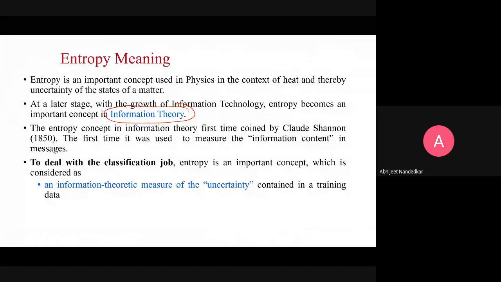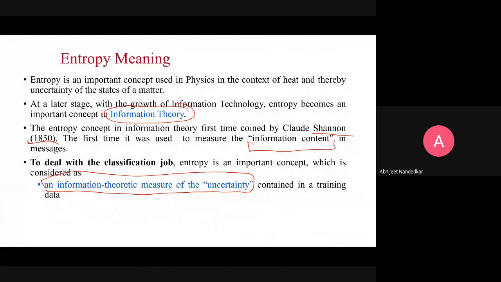The entropy concept in information theory was firstly coined by Shannon in 1850. It was first used to measure the information content in a message. To deal with classification jobs, entropy is an important concept, considered an information-theoretic measure of uncertainty contained in training data.